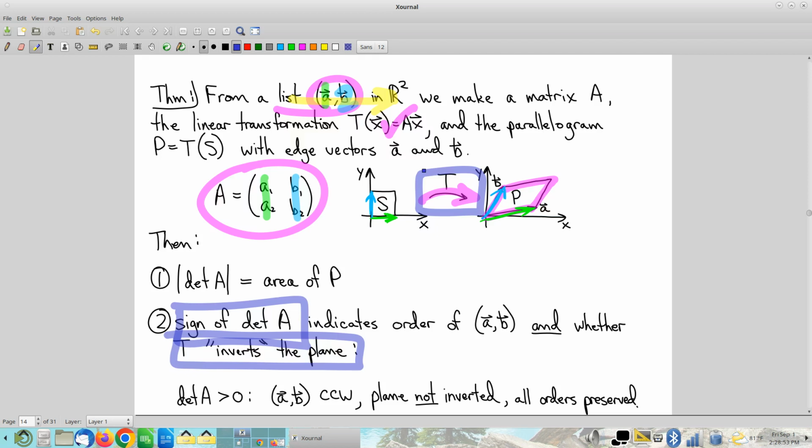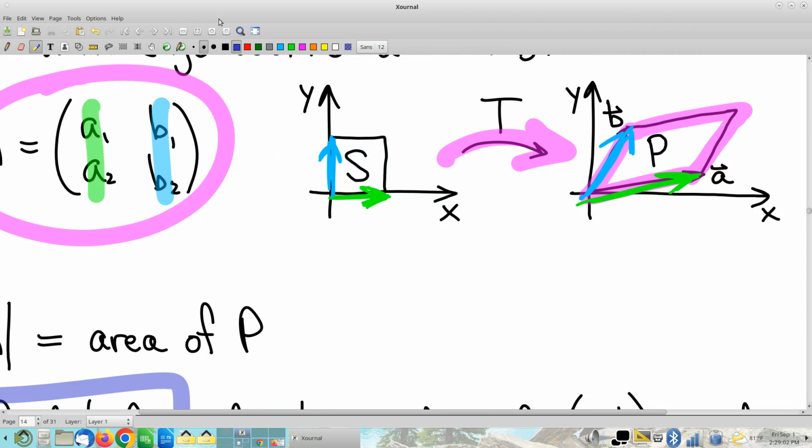Whereas on the other hand, oh gosh, again with the button. Another possibility, what if this were A and this were B?